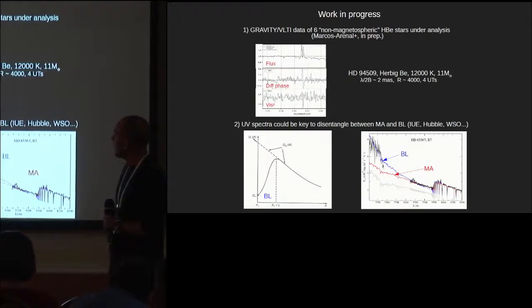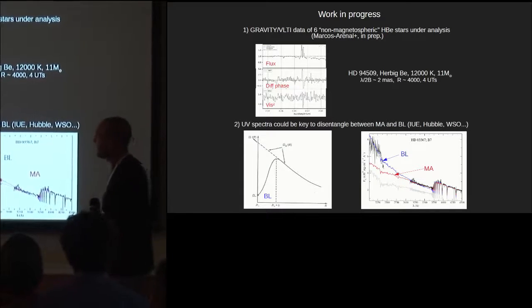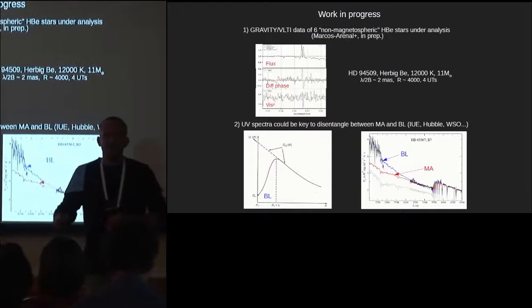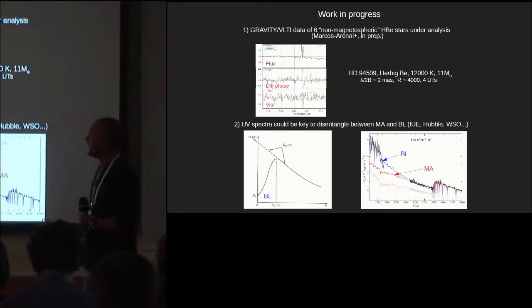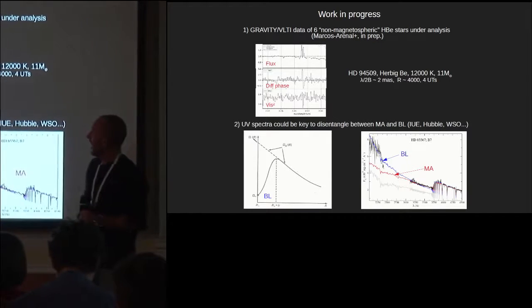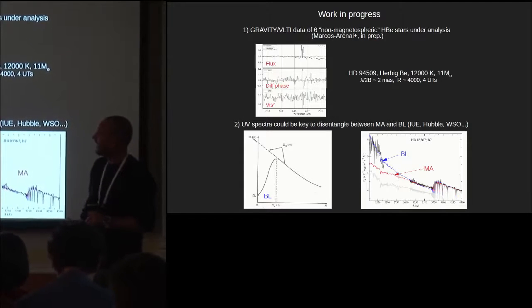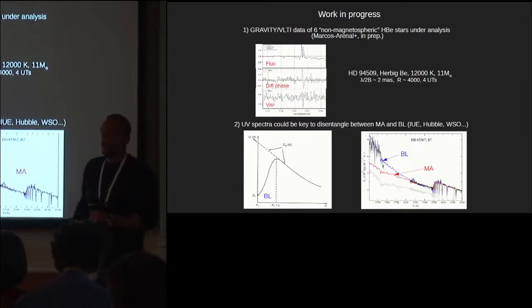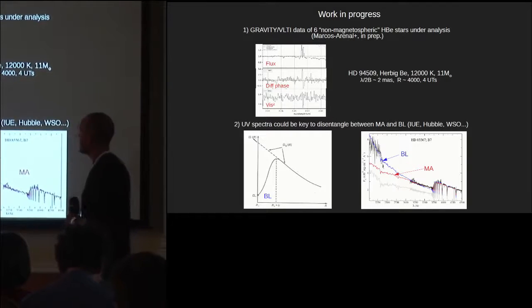And I want to finish with a couple of things, some work in progress. Now we are focusing on these non-magnetospheric Herbig B stars, the ones that we cannot fit through magnetospheric accretion. The first thing that we want to do is to have a closer look at these sources. So basically we have GRAVITY data for the six brighter non-magnetospheric Herbig stars.